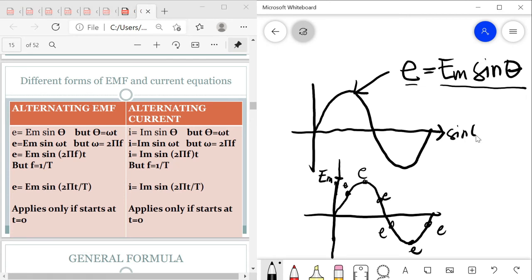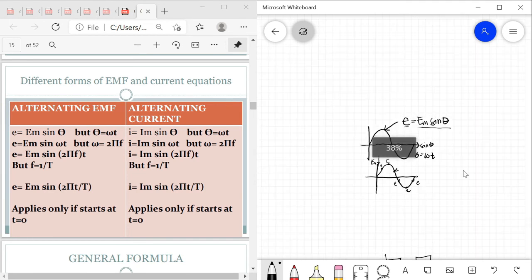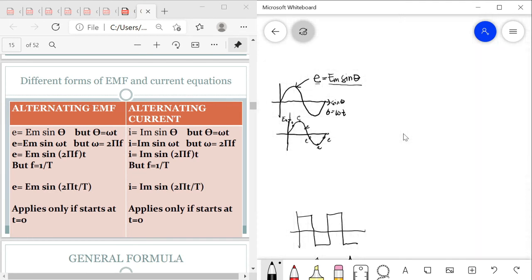This is sine theta. And theta is omega t. So we can express this equation as E is equal to Em sine omega t.